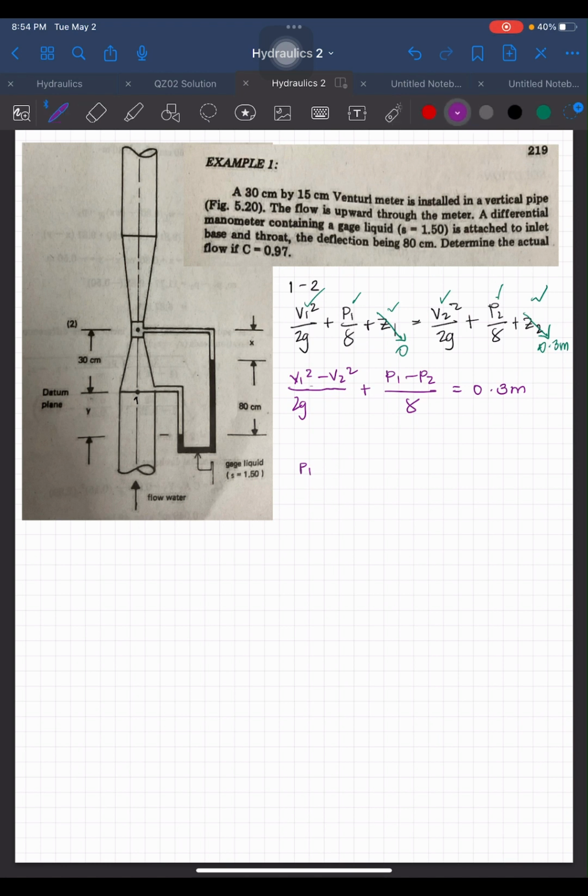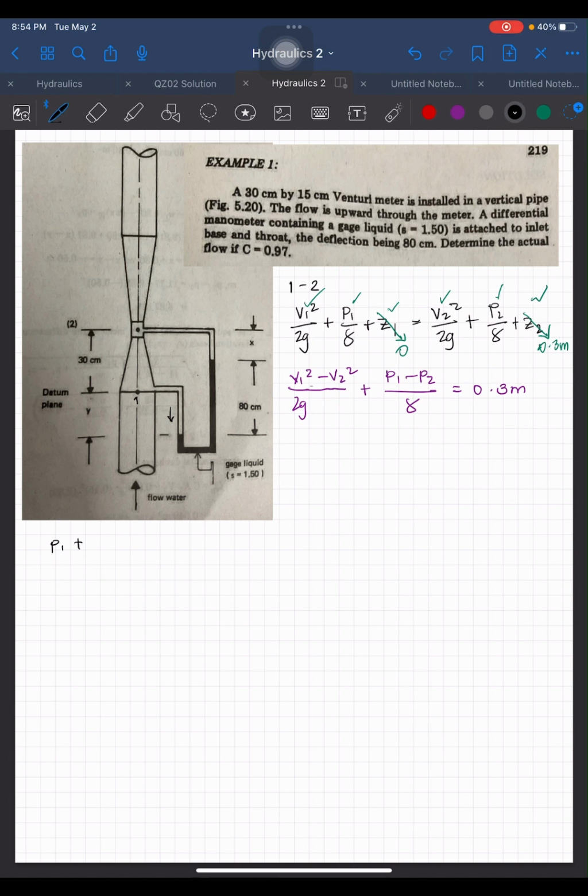minus, okay, so dito tayo sa baba para tuloy-tuloy tayo dyan. Analyze natin yung differential manometer. So we have pressure at point 1 minus, plus, kasi bababa tayo, diba?